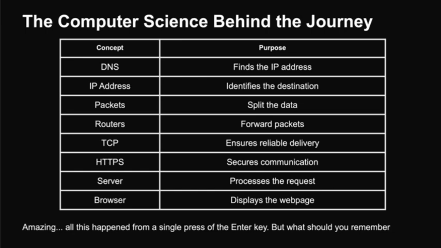DNS found the destination, the IP address identified where to go, packets made the data easier to send, routers guided those packets across the internet, TCP made sure nothing was lost, HTTPS kept everything secure. The server processed the request, and finally, the browser turned all the data into the web page you can see on your screen.